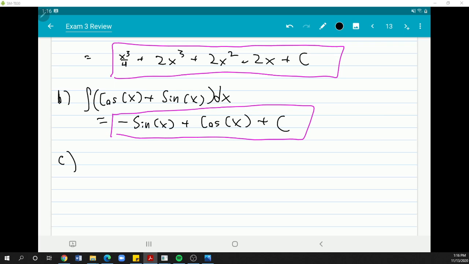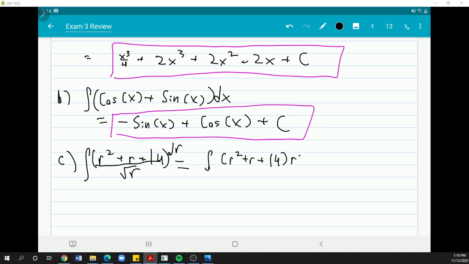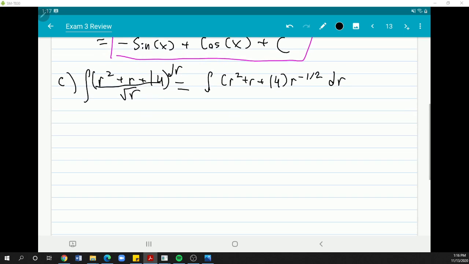Part C, evaluate the integral of r squared plus r plus 14 over square root of r dr. This is the integral of r squared plus r plus 14 times r to the minus 1/2 dr. And from here, this just becomes a power rule problem.